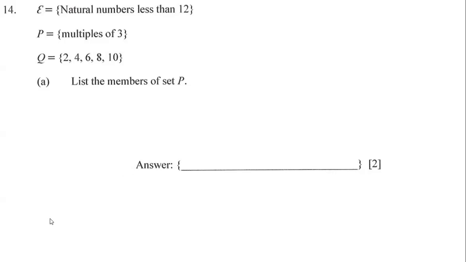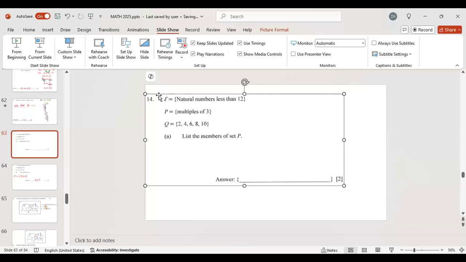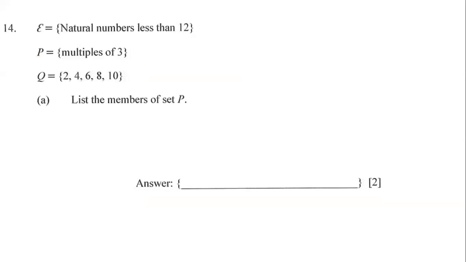So class, what is the universal set? Like in this question, it's going to be all of the natural numbers that are less than 12.